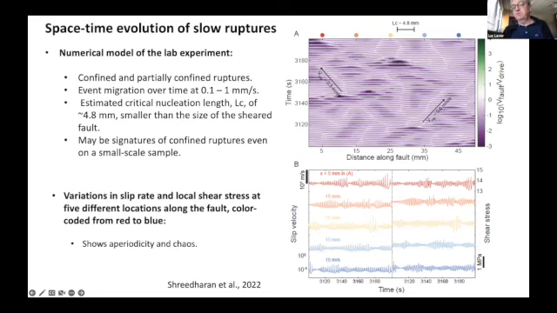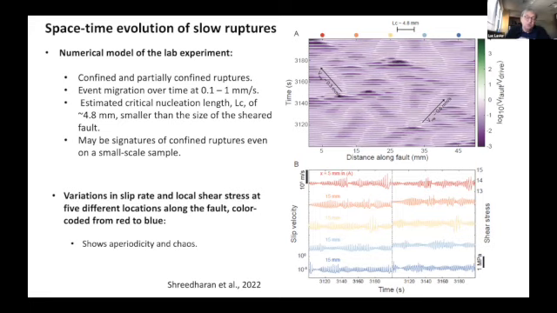The light blue dot corresponds to the blue profile, and the yellow dot to the yellow profile. What you see is that the numerical model at each point shows this aperiodic and sometimes chaotic behavior that corresponds very well to the lab experiment. So we show aperiodicity and chaos in the numerical model. It was very successful, in some sense.